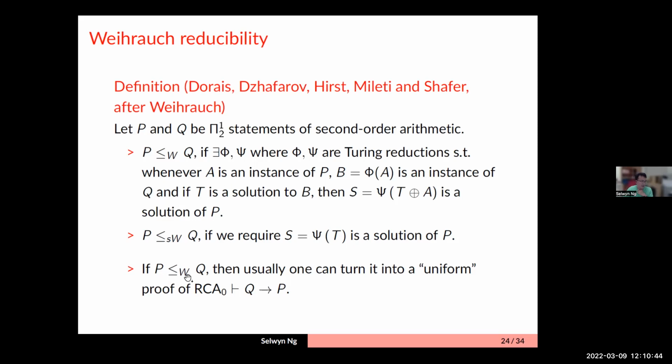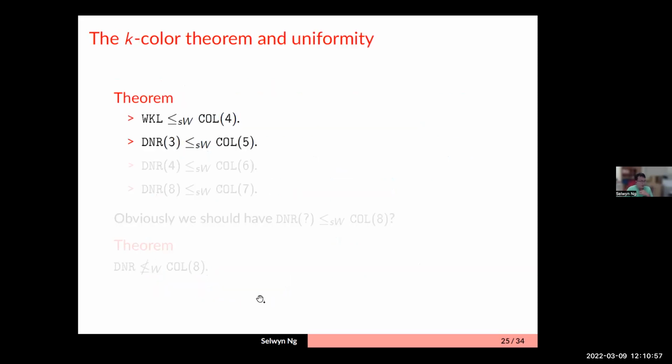And the idea is that if the principle P is reducible to Q, then usually, provided that induction isn't a problem, one can turn it into a proof of Q implies P.